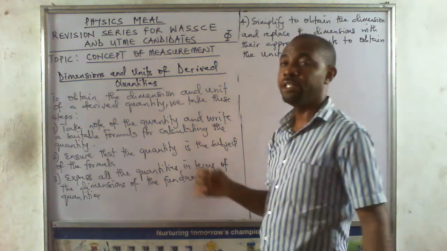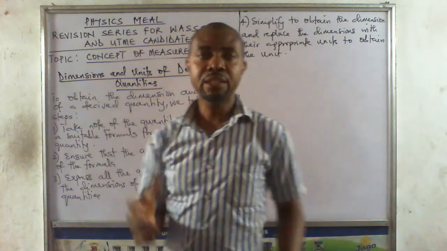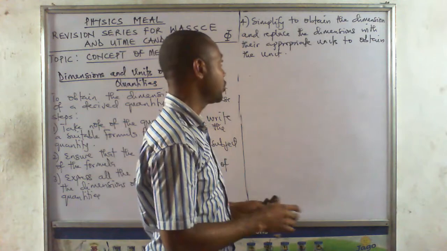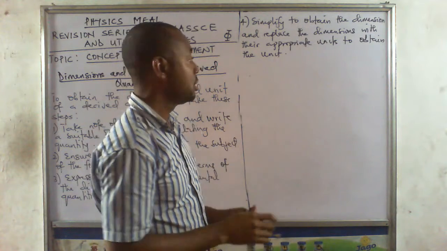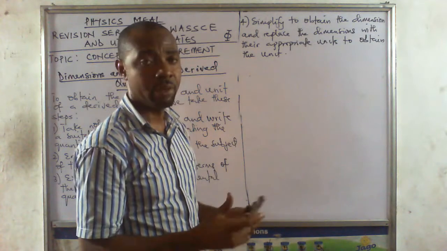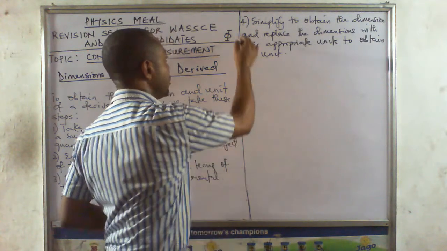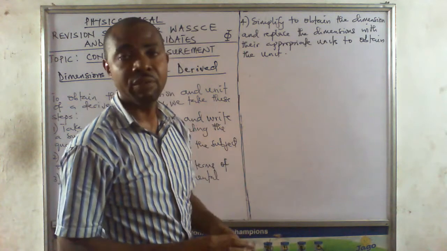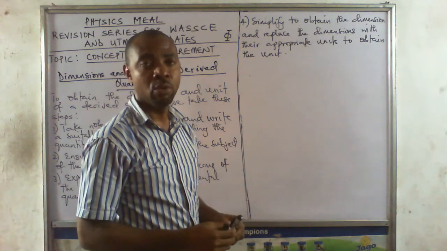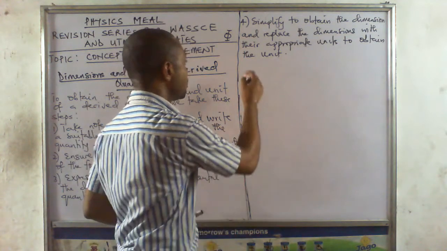Now, before we start taking examples, there is need for us to look at one more important thing that will enable us to take some examples. There are some quantities that have the same dimension as length. So I want to say this.